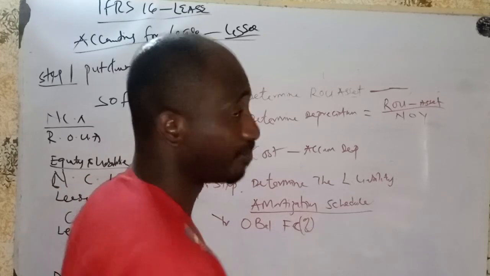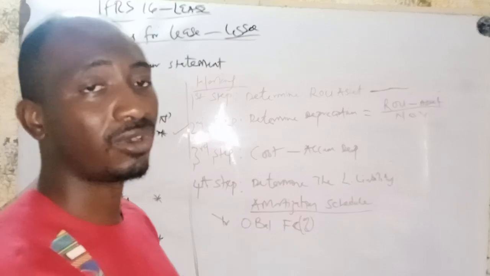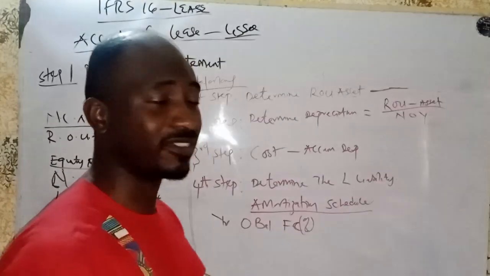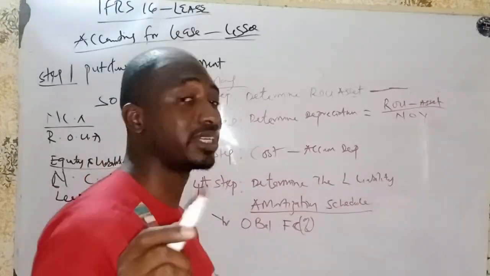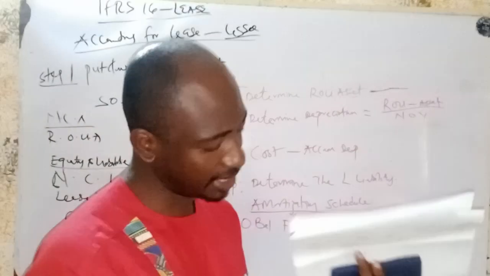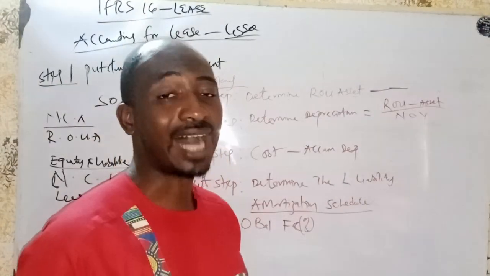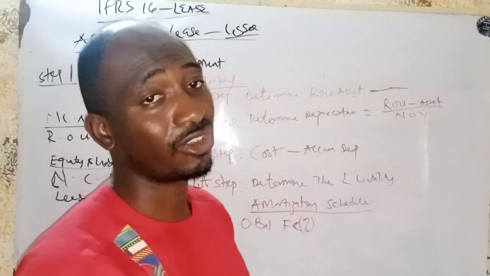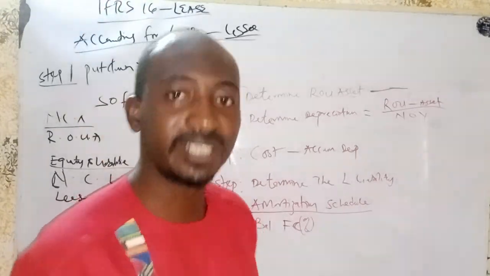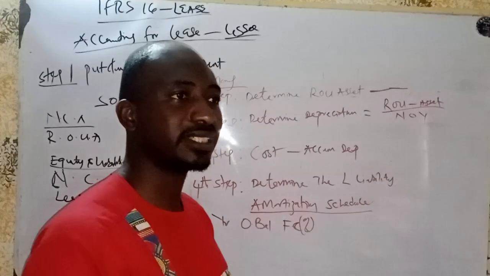That implicit interest that is given to you, or incremental borrowing rate that is given to you, that is what you will use here. Let me state it again in case you have forgotten: if you are given an implicit rate and at the same time an explicit rate in your question, don't use the explicit rate, use only the implicit rate.